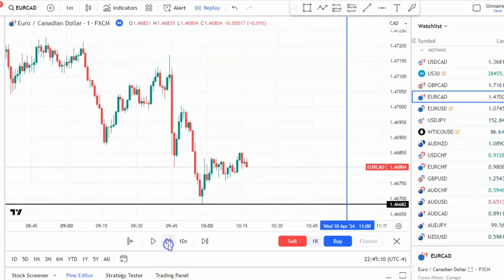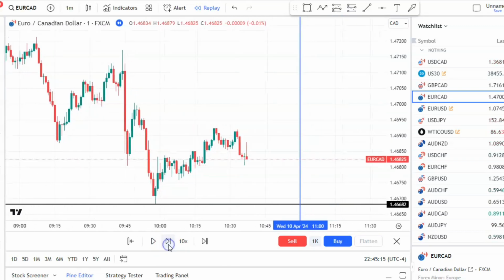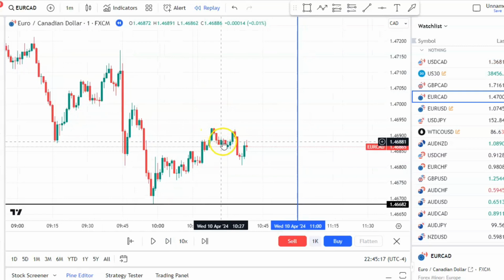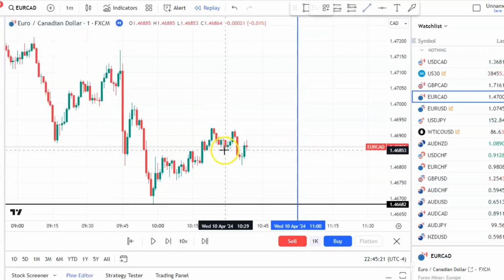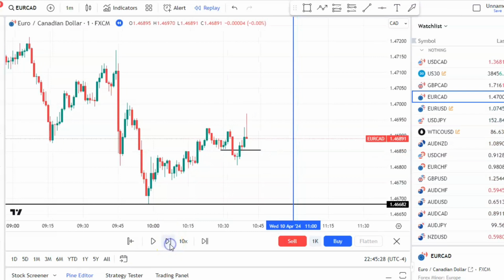So we want to see sellers coming into the market, which is just a series of lower lows, where we have a break of structure to the downside, signaling that we have potential sellers in the market.